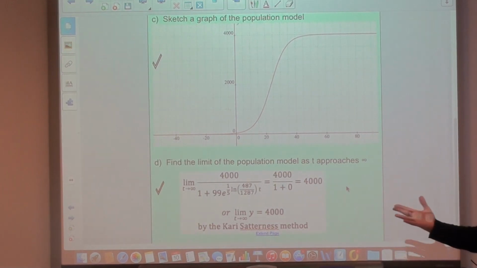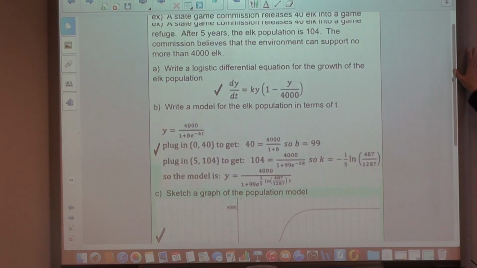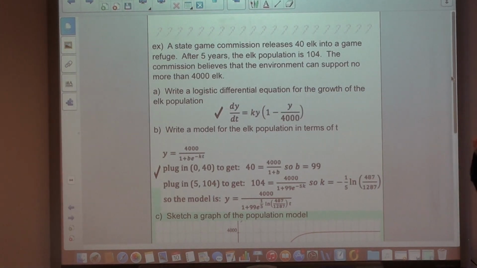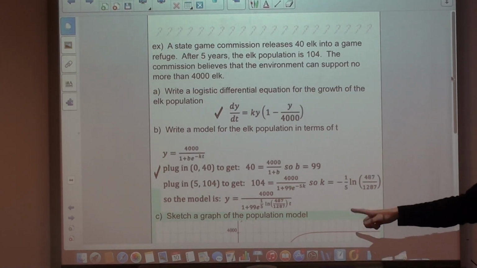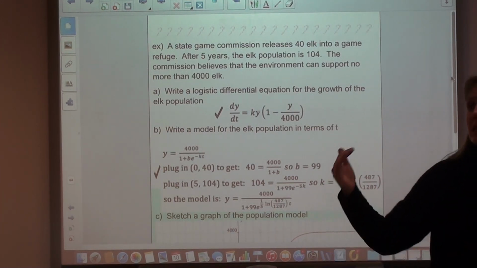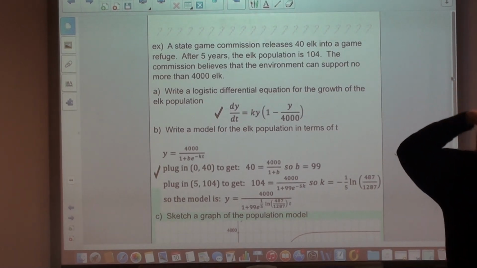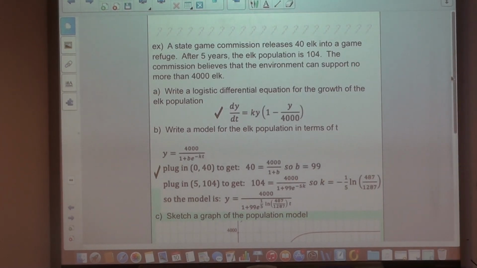And so she said, well, goodness, if the limit exists, and I want you to think about this for a second, if you have a logistic equation, or any equation, it doesn't even have to be logistic, if the limit as x approaches infinity exists, it means that the function has to flatten out there, right?